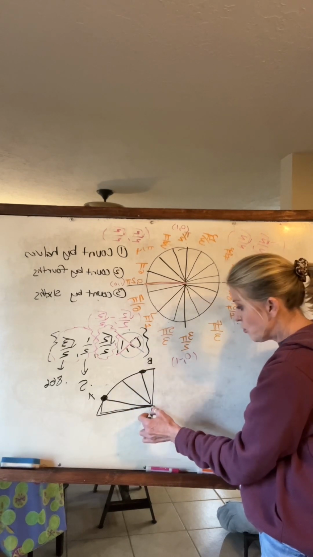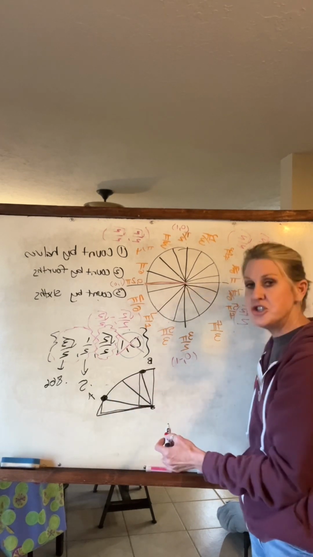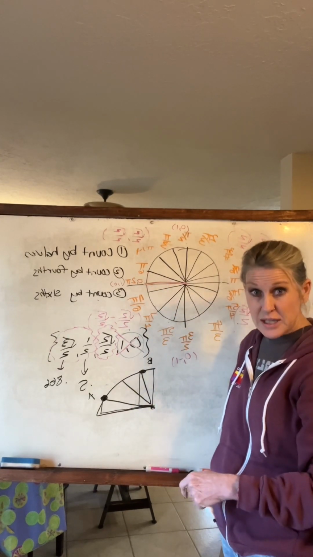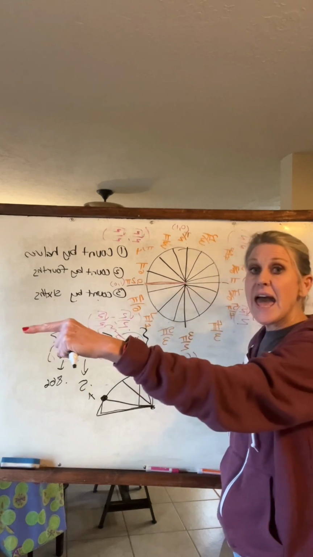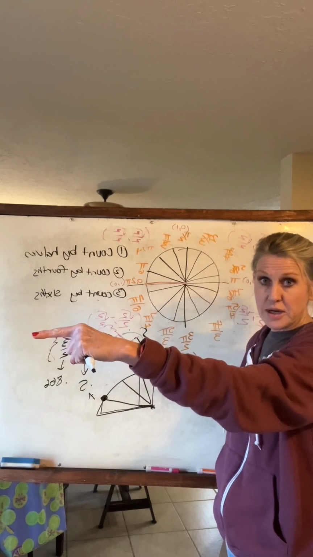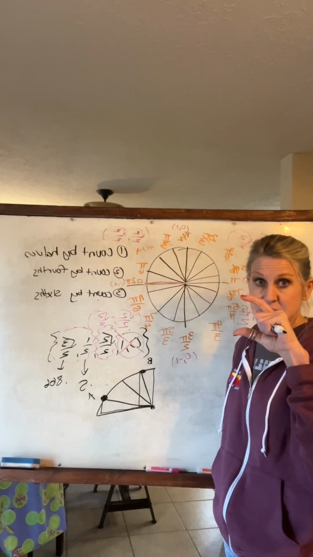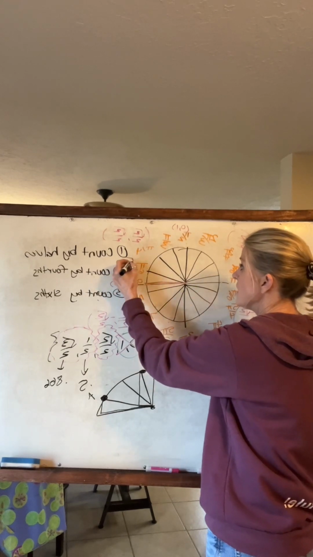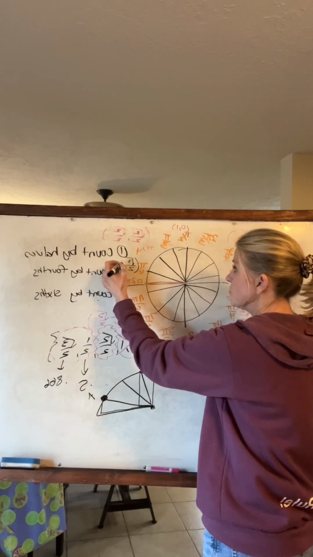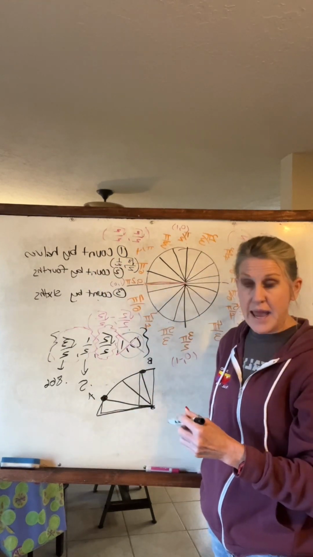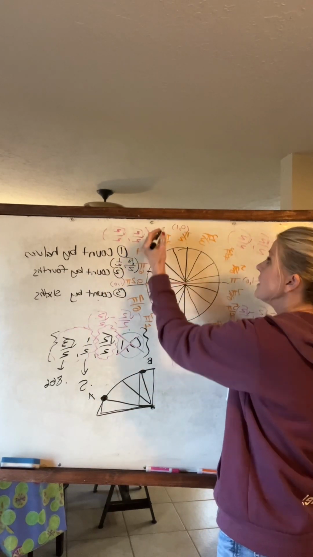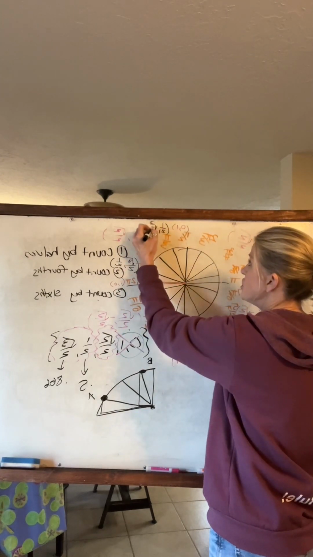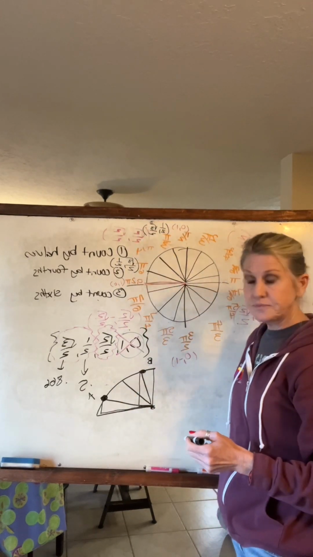B mouse runs a little and jumps a lot. So that means the pi over 6 coordinate is going to have the bigger x number. The bigger number is the x coordinate, and the smaller number is the y coordinate because he just has to hop up a little bit. So pi over 6 is run a lot, root 3 over 2, jump a little, 1/2. Pi over 3 is run a little, 1/2, jump a lot, root 3 over 2.